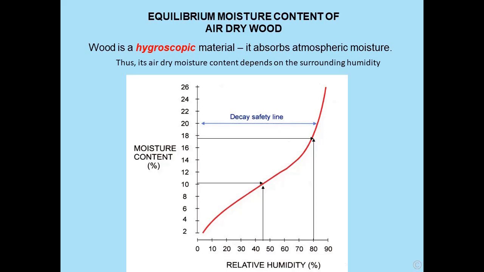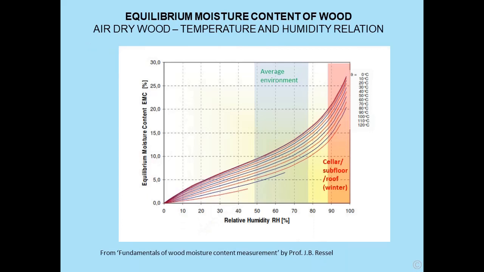Wood is a hygroscopic material. This is just a more complicated version of the same table, more accurate clearly, but it does show that there is a temperature factor. And we do get very high humidities as standard in colder months of the year in cellars, subfloor areas and roofs.